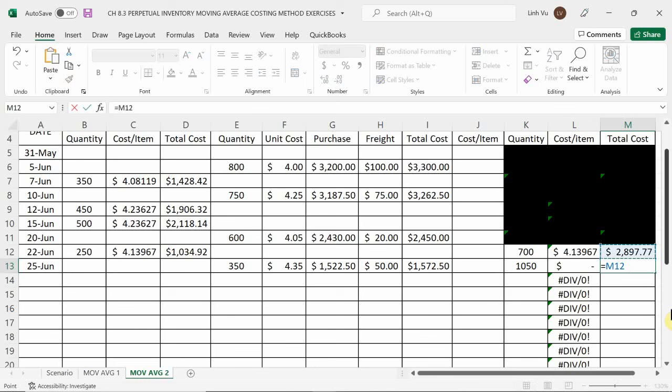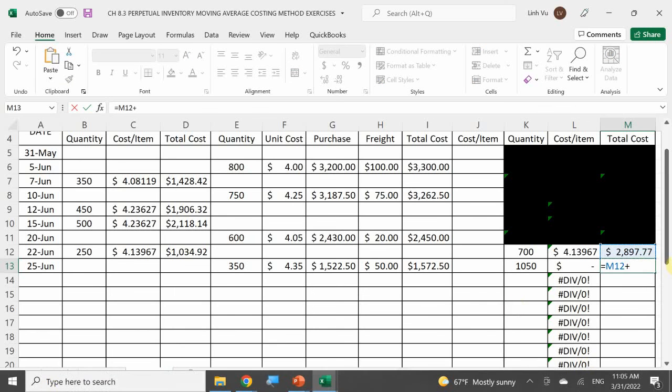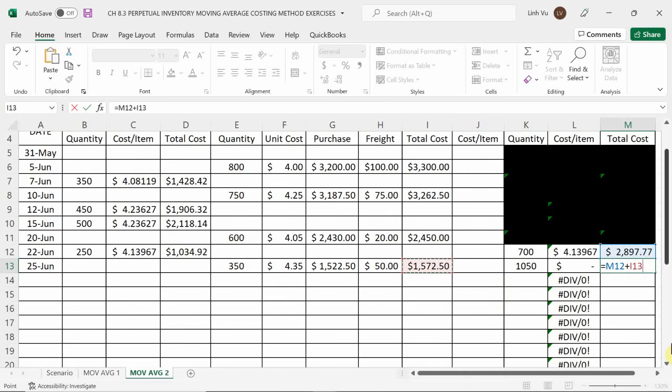We have 2,897.77, and we're going to add the 1572.50. 4470.27.